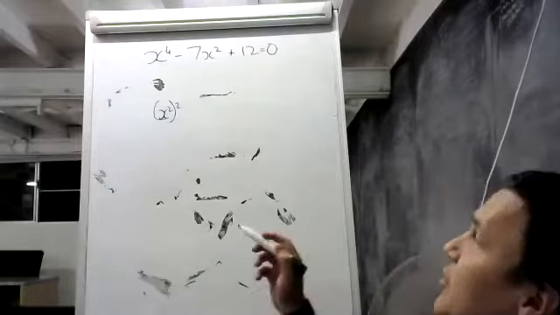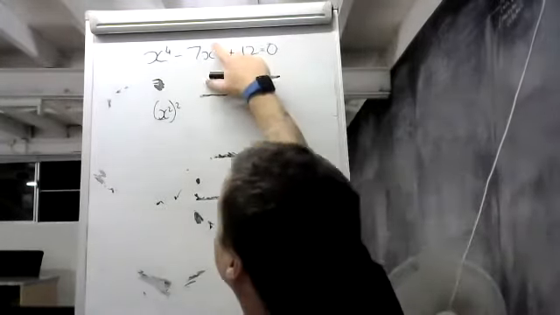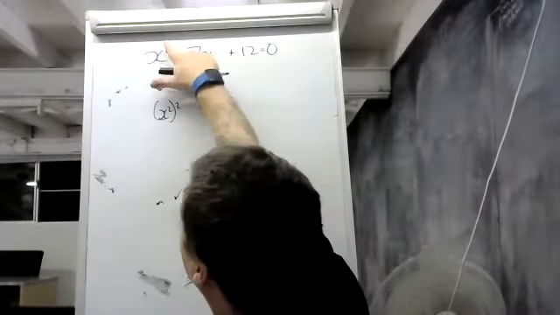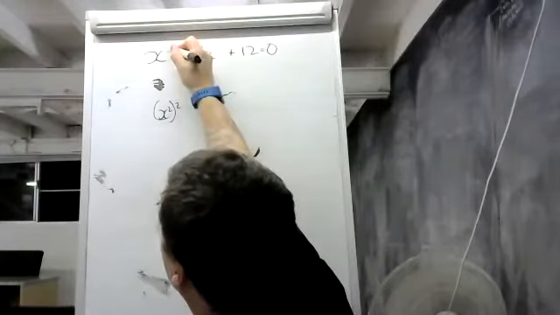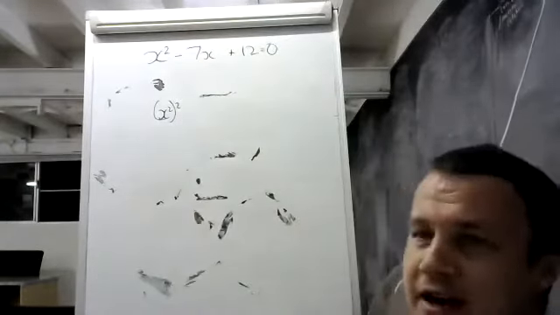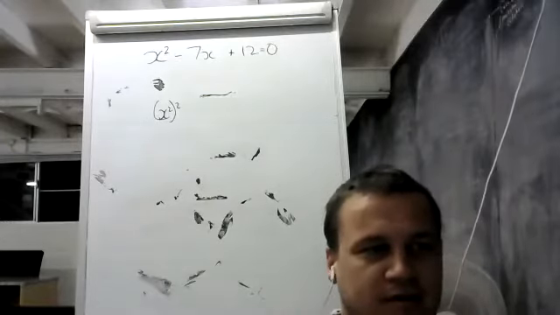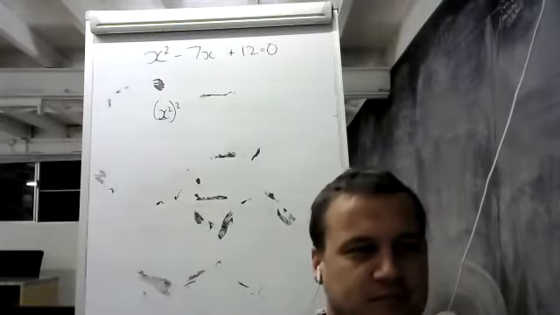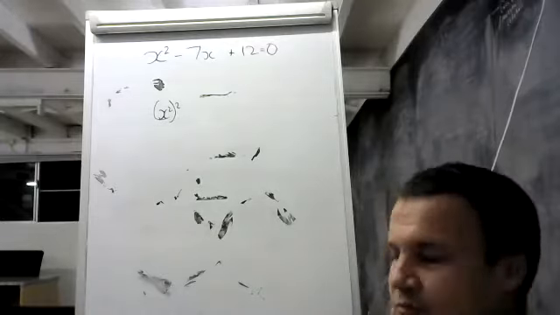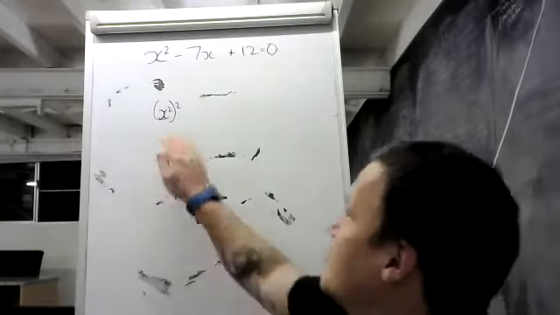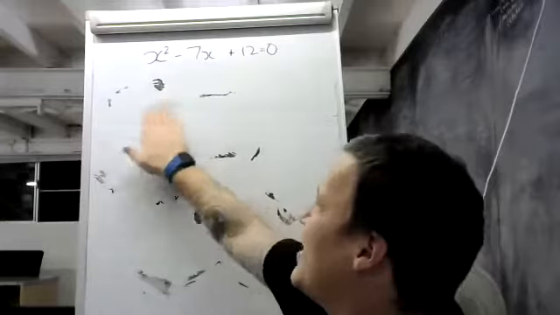So what we do is we get rid of this, and now we have a nice quadratic equation.